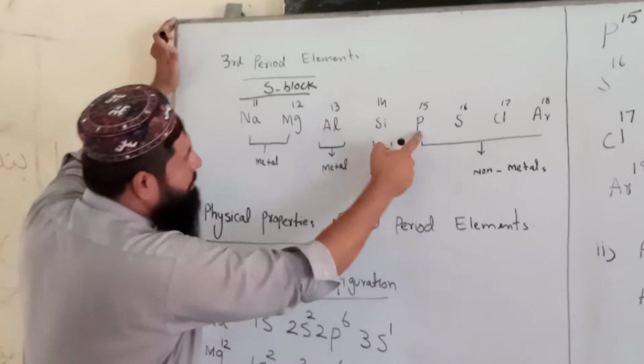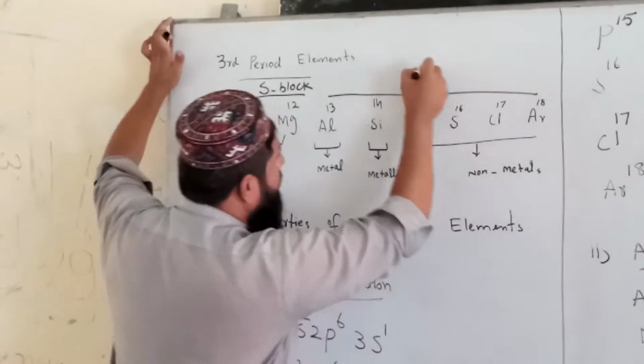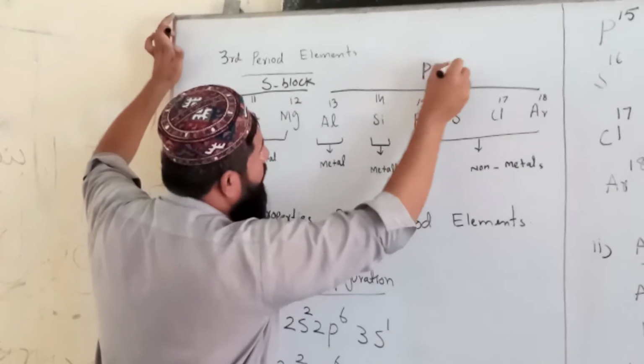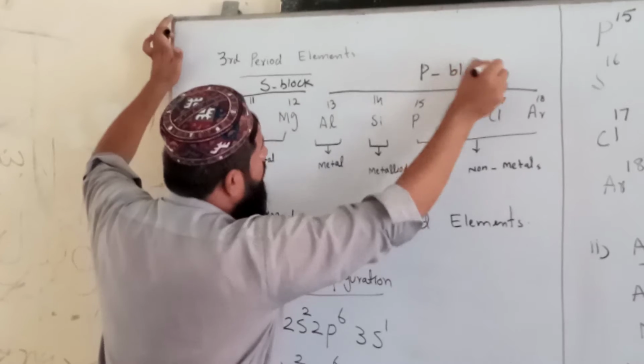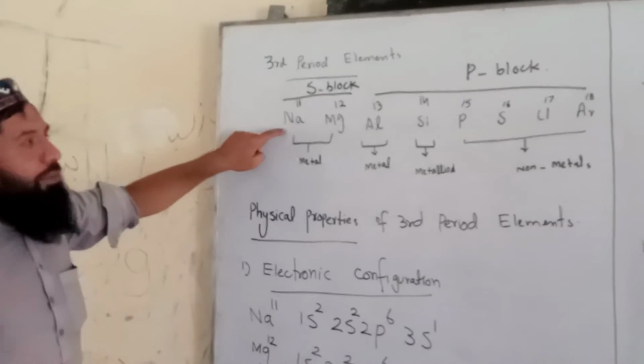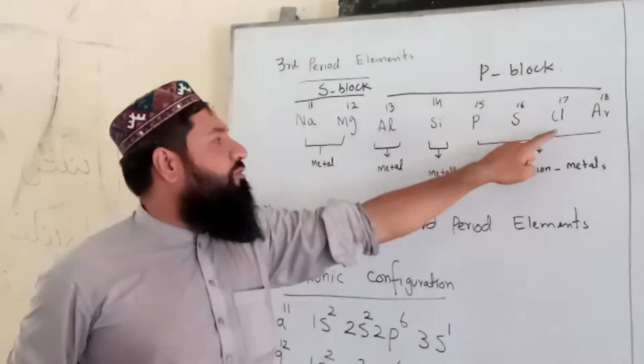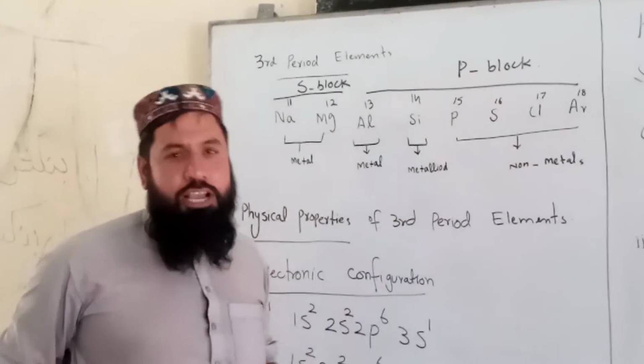Aluminium, silicon, phosphorus, sulfur, chlorine, and argon belong to the P block. So sodium and magnesium are S block elements, and aluminium, silicon, phosphorus, sulfur, chlorine, and argon are P block elements.